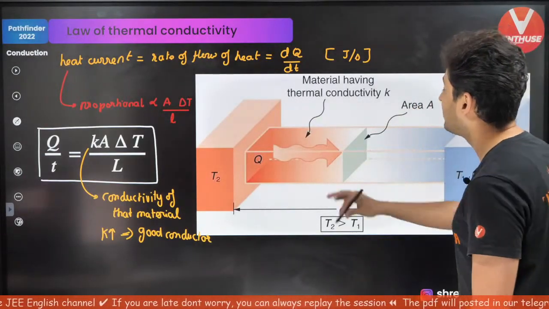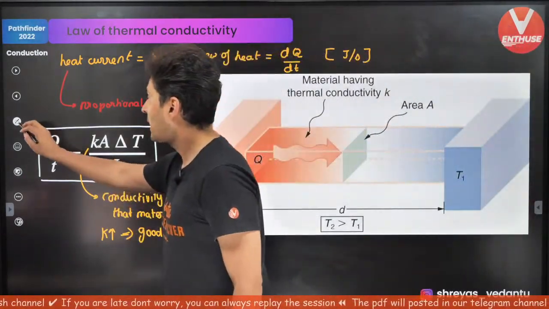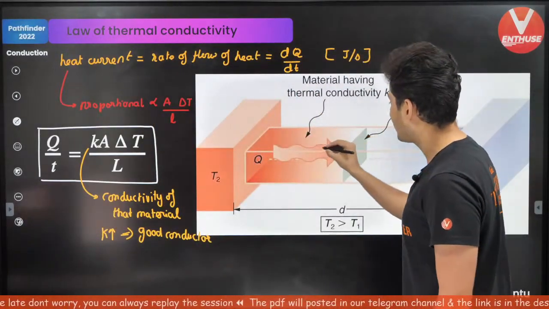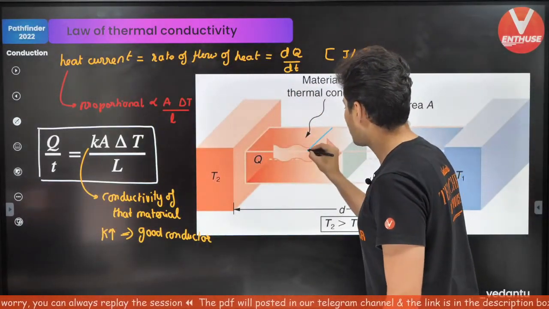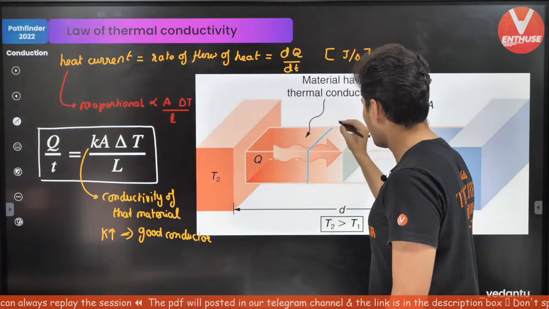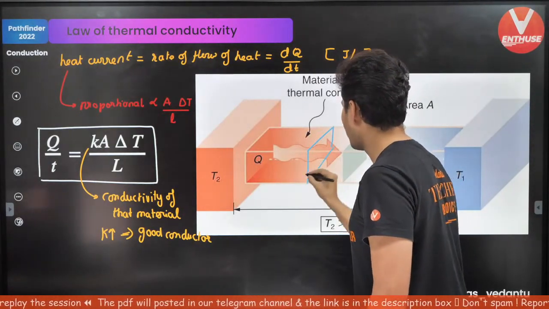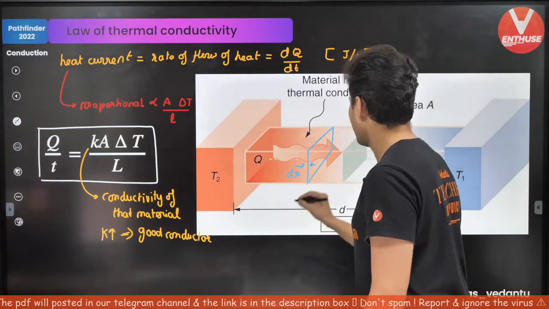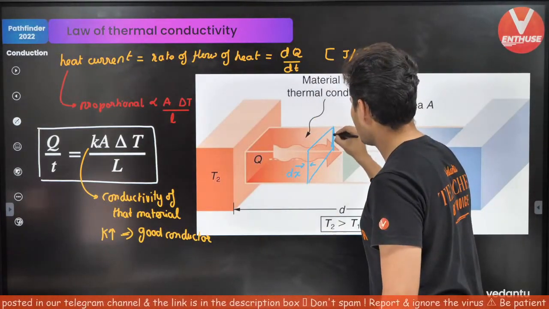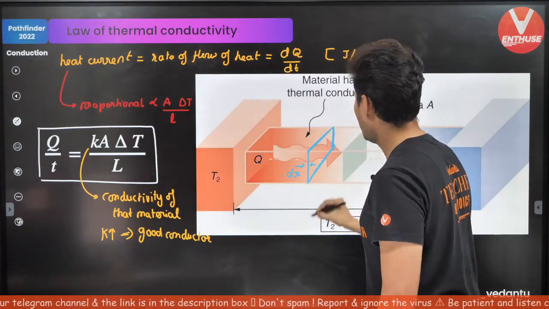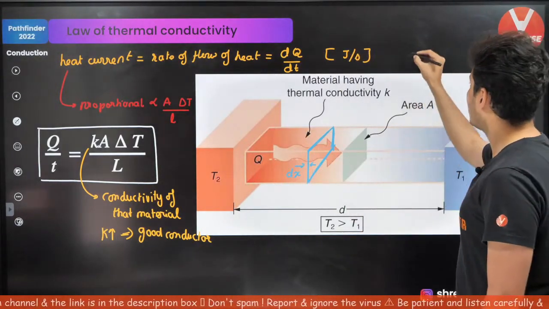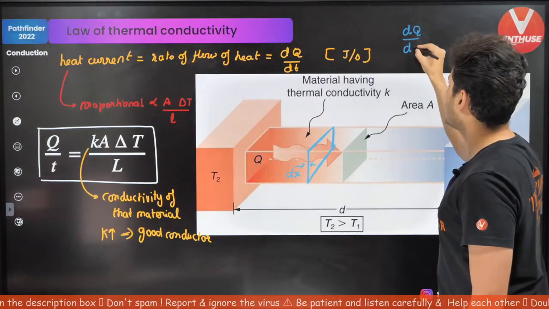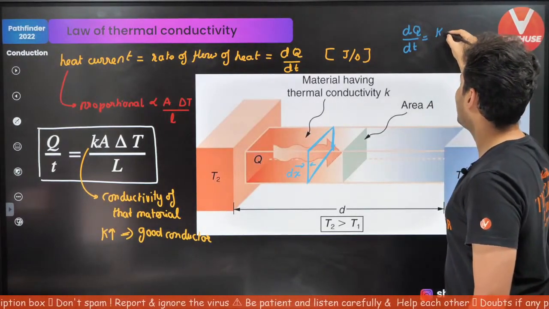By the way, there is a differential way of writing this as well. And the differential way is also something you should know. So basically, if you take a cross section of small thickness, let's say the thickness is dx, the area of cross section is still obviously A only. Then the differential form will look like this: dQ by dt is KA.